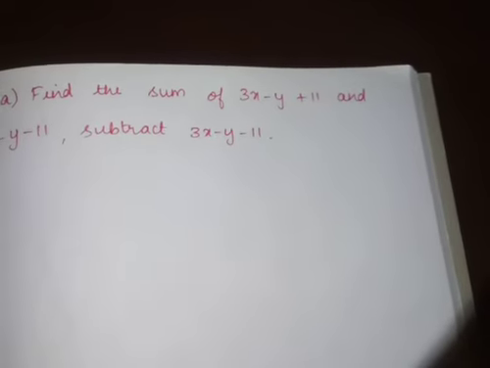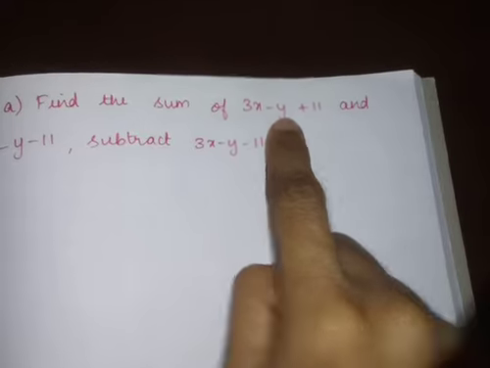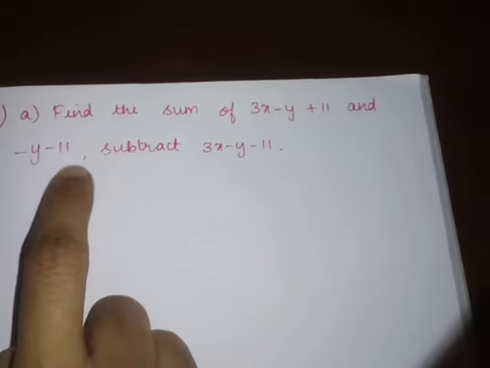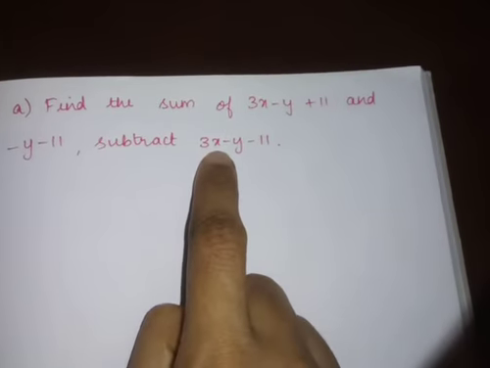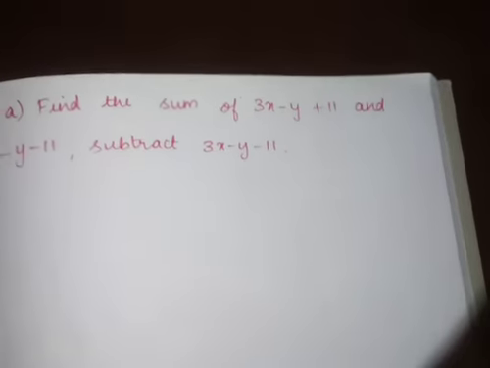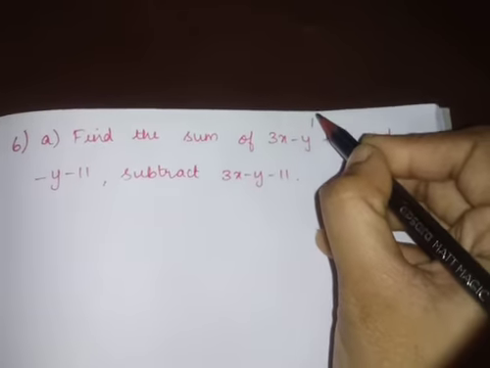Next is your sixth problem. Find the sum of 3x minus y plus 11 and minus y minus 11, subtract 3x minus y minus 11. So what should we do now? First I'll name these expressions.